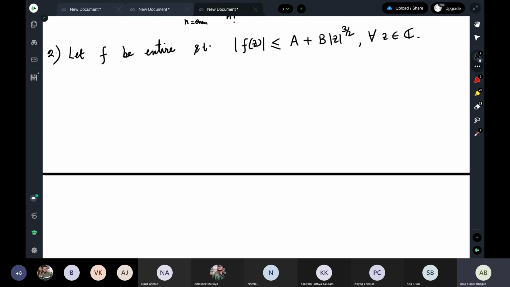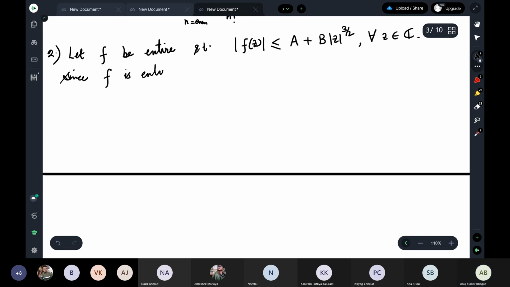So what I can do is, because f is entire, it will have a power series expansion about 0.